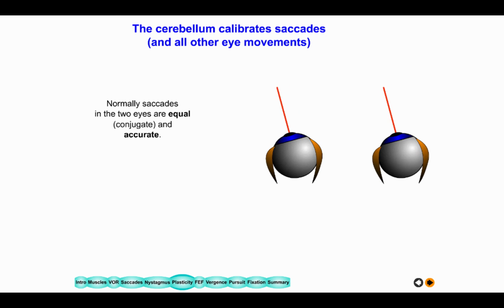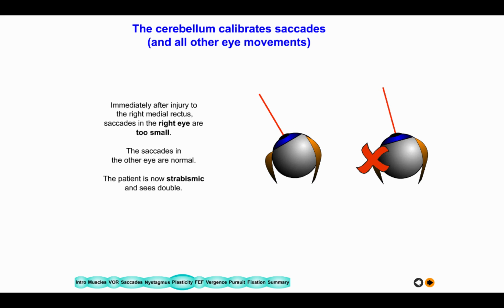Okay, so we said that saccades are interesting because both eyes move together in the same direction, and with luck, both eyes should reach the same target. But what happens when they're not equal?